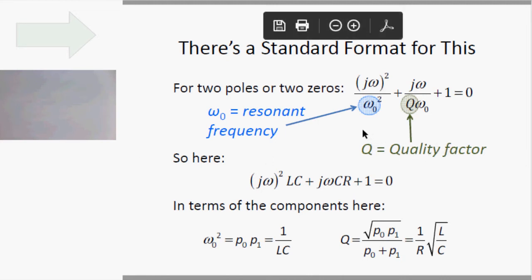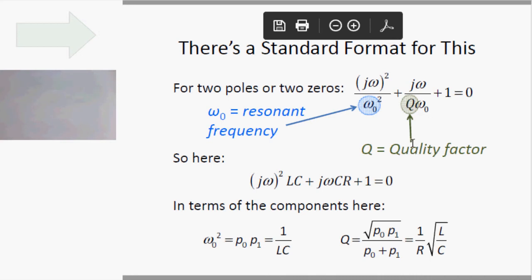And these are defined by writing the denominator not in terms of 1 plus j omega over P1 times 1 plus j omega over P2, but in terms of this standard form here, where the resonant frequency is omega naught and the Q factor is Q.